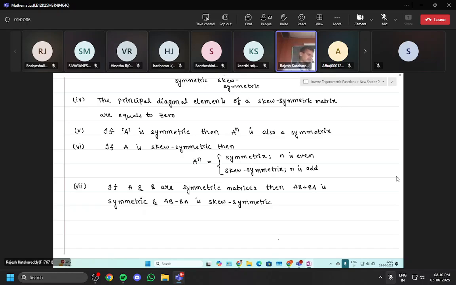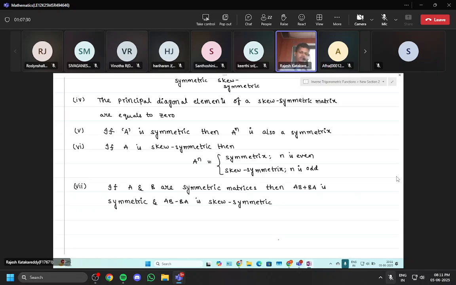Open Step 2 PYQs of Mains. In PYQs of Mains, problem 42, statements are given.